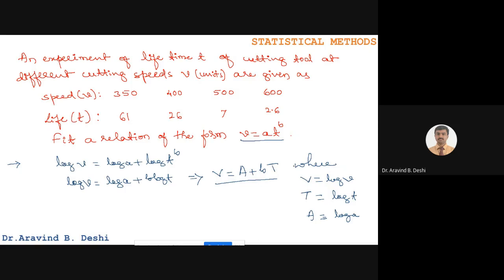Again, we want small a, therefore with the help of this relation, a equal to e to the power capital A. So this is the straight line form.